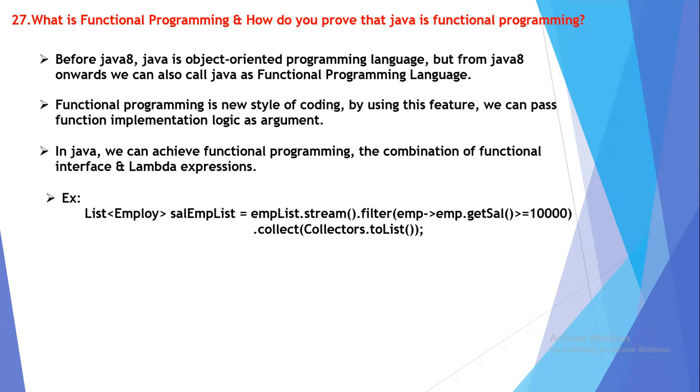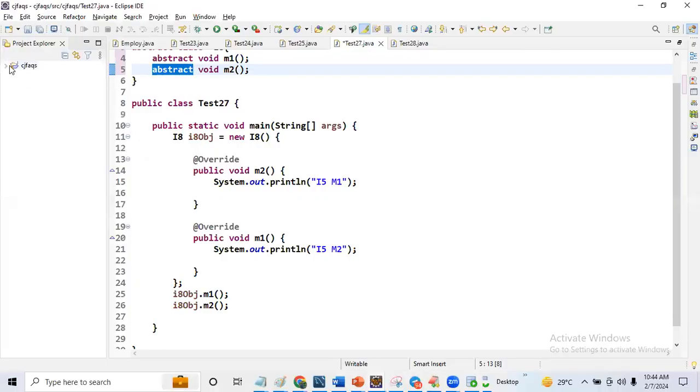Predicate has a test method. So here we are directly passing the functional implementation logic to the filter method.